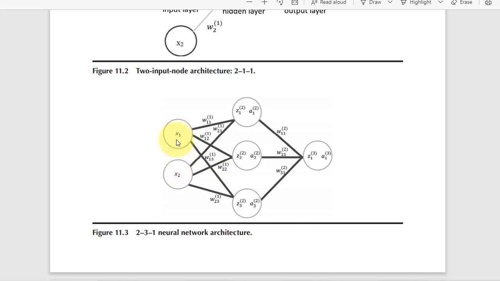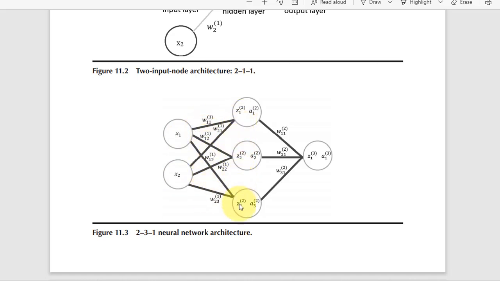Well, we can't change this part here, x1 and x2. That's the data we're getting. We don't change that. We get a new piece of data, we put it in. And then remember that Z1, Z2, and Z3 are already determined once we get our input and once we have these weights.